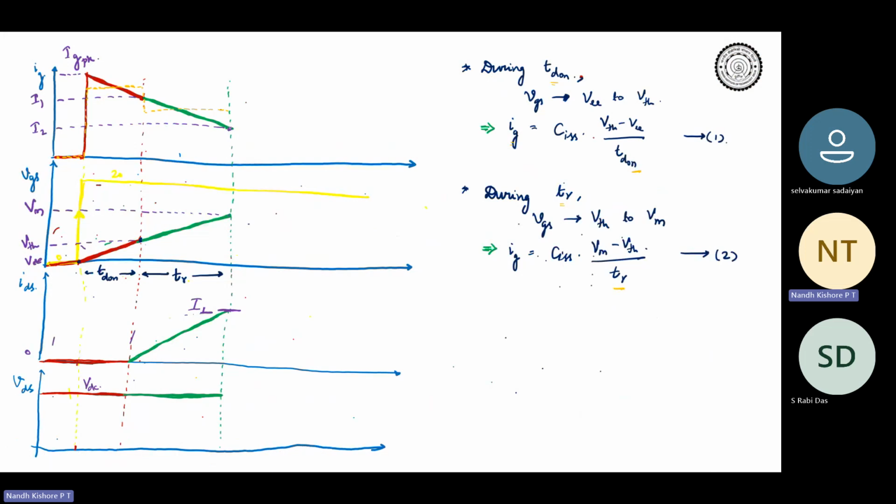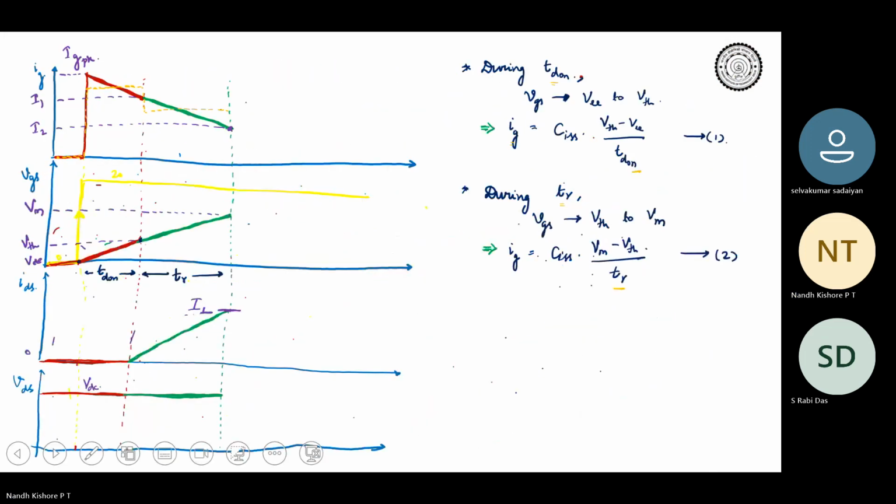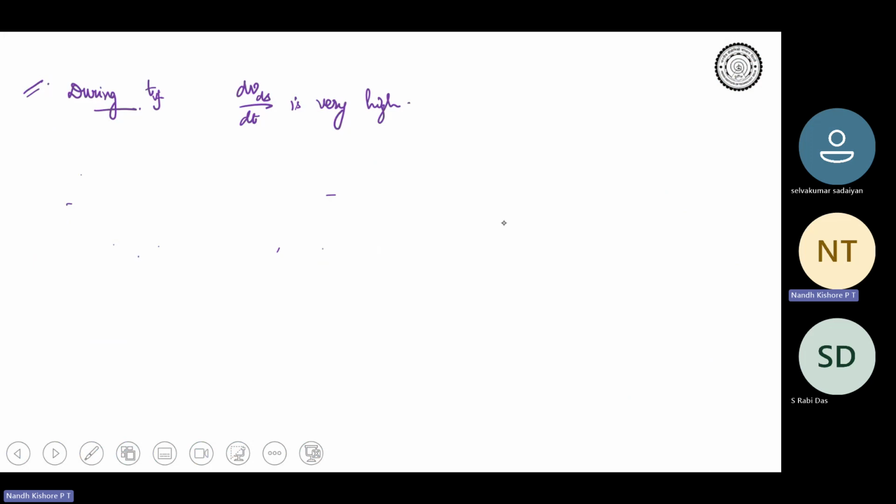Your gate current is I2, gate source voltage is Vm, and your VDS was VDC. So let's just jot it down over here. At the start of TVF, the VDS is very high.